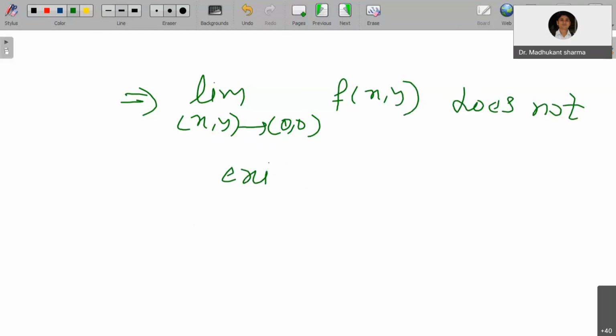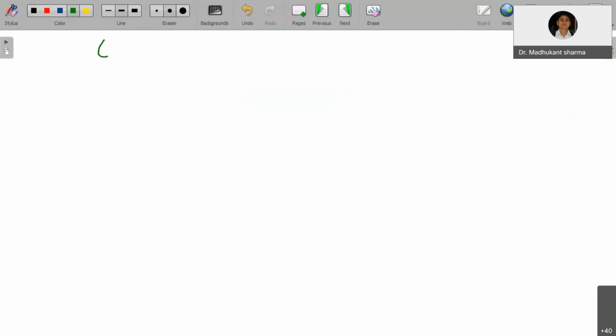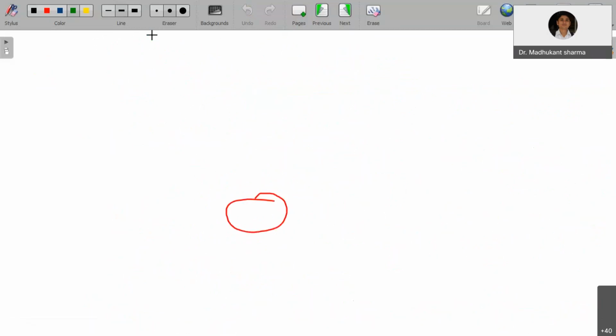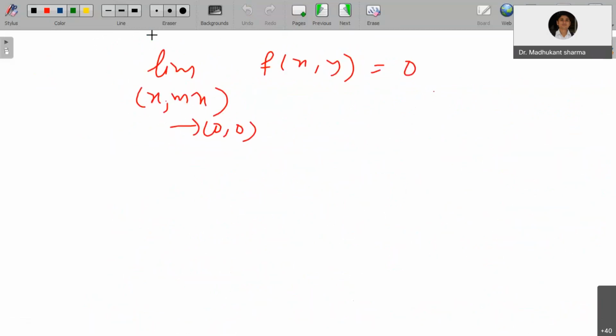So if the limit does not exist at a point (x naught, y naught), then it is not continuous. Straightforward. Now, let's talk about the third part. For the third part, I will give you the idea.